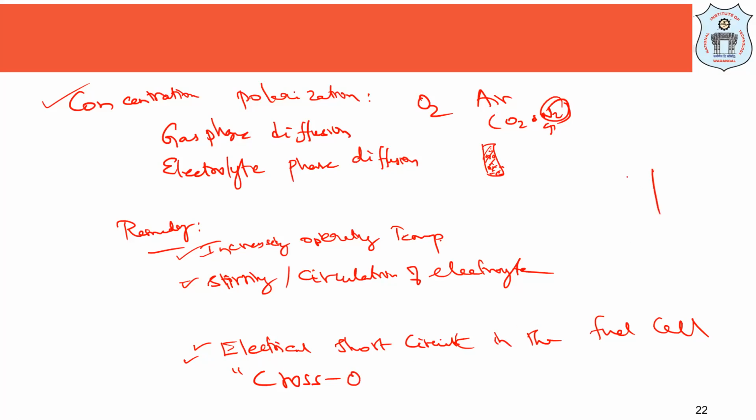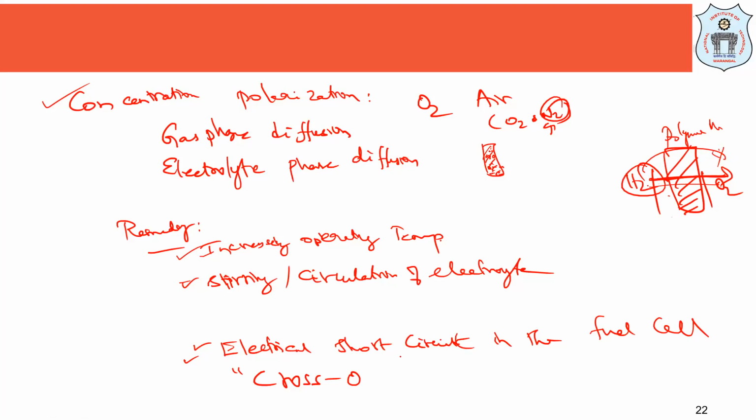We always talk about hydrogen and oxygen, right? Hydrogen does not go to the other side. That is one of the primary duties of the electrolyte. It should not allow the reactant to pass through it. Even if it is a polymer membrane electrolyte, one of its duties is that it should not allow the reactants or any intermediates or products formed to pass through it, because if they go there, some other reaction will take place.